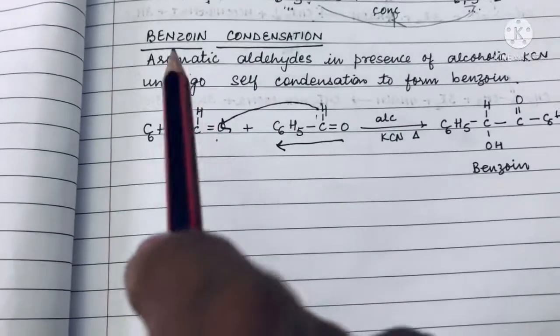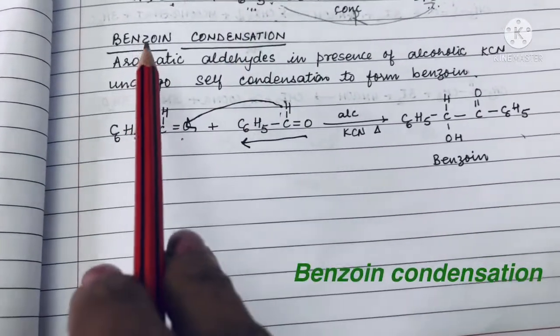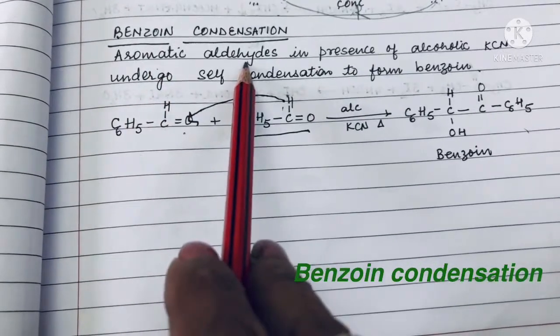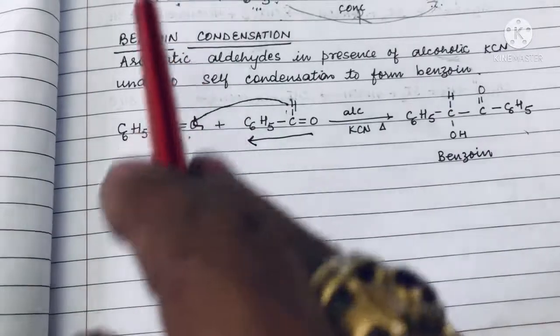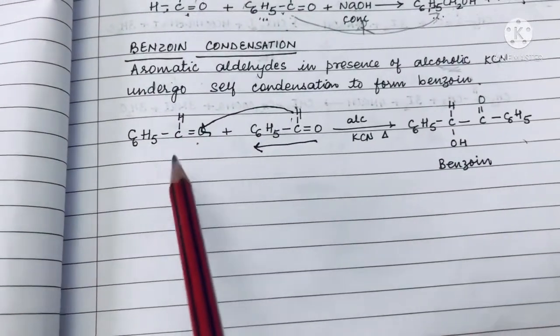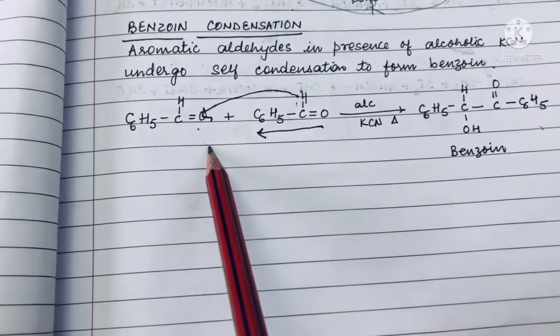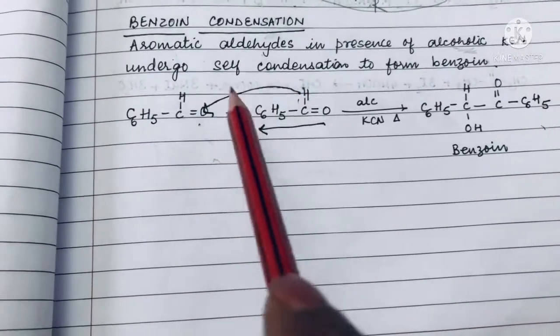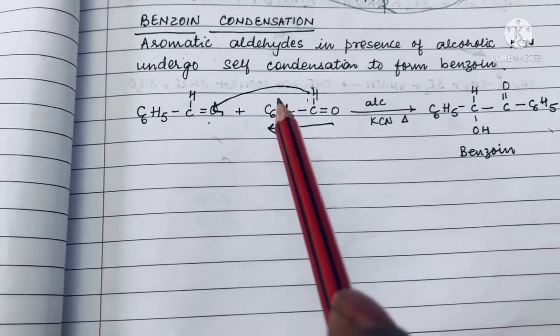Next reaction is benzoin condensation. Now benzoin condensation is done by aromatic aldehydes in presence of alcoholic KCN. Again, very important. Out of these three, one will definitely be in your question paper. So this is like aldol condensation, although this compound does not contain alpha hydrogen atom but undergoes a reaction which is similar to aldol condensation.